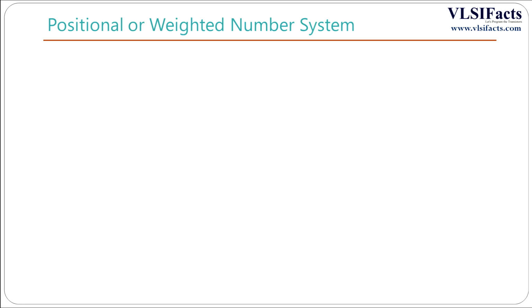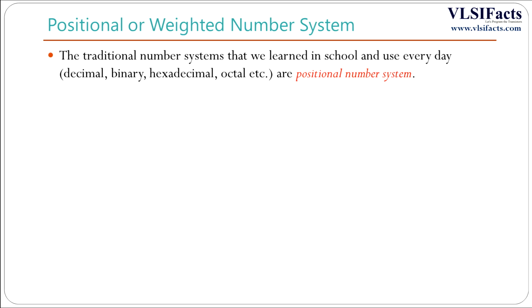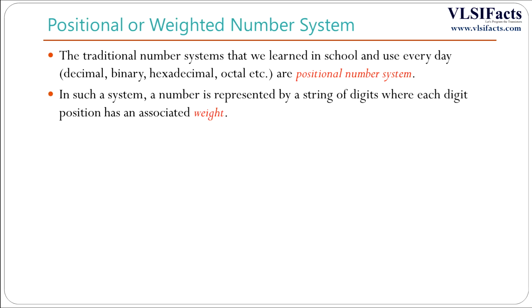Let us discuss what is positional or weighted number system. The traditional number systems which we have discussed, those are decimal, binary, hexadecimal and octal, are positional number systems. In such a number system, a number is represented by a string of digits where each digit position has an associated weight, and the value of a number is a weighted sum of all the digits.